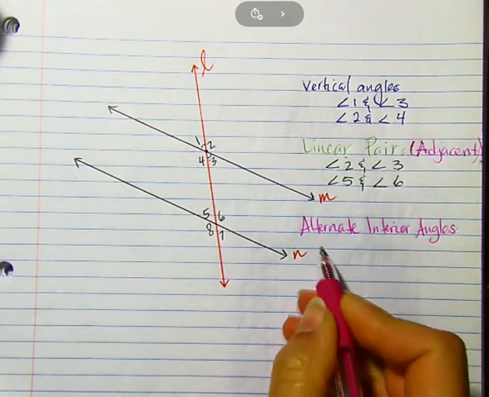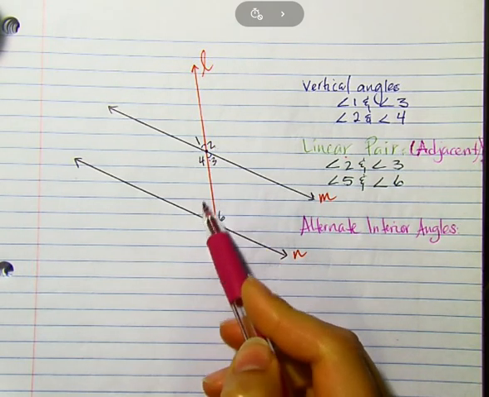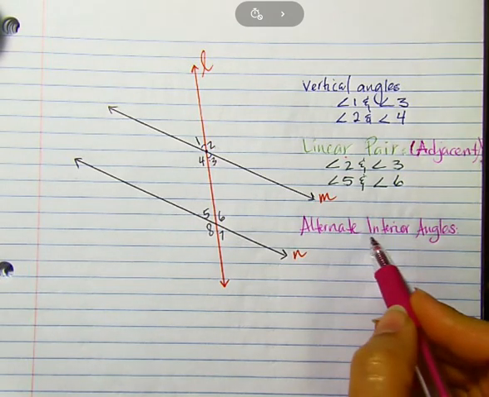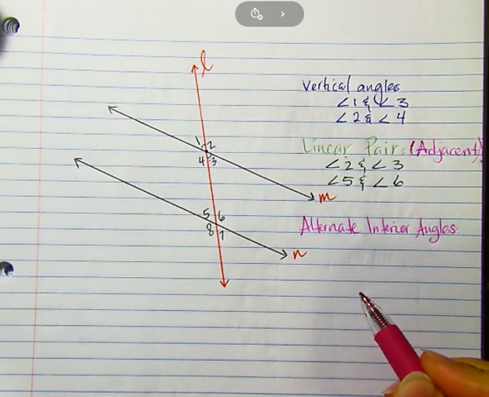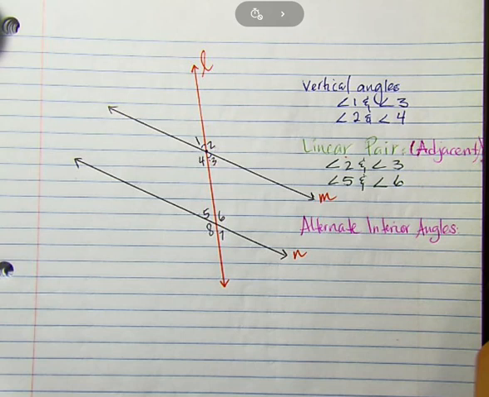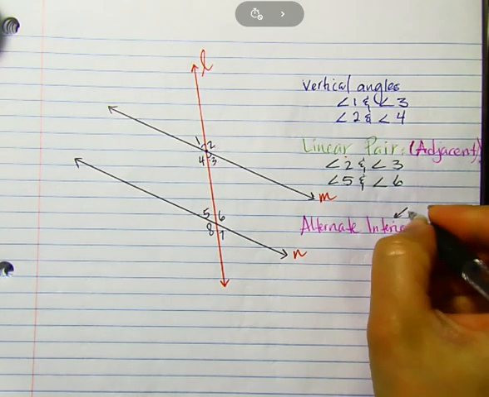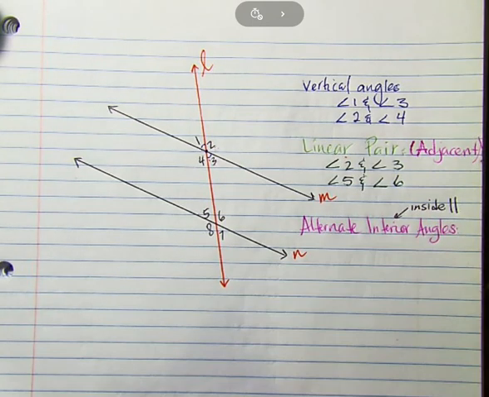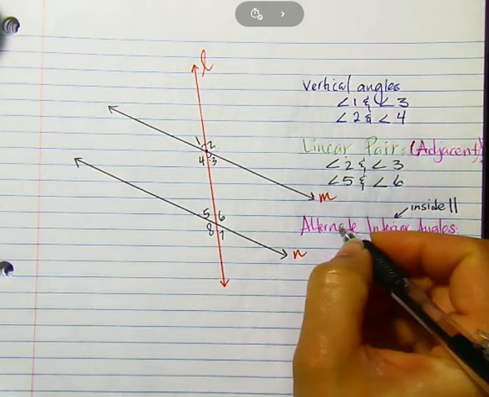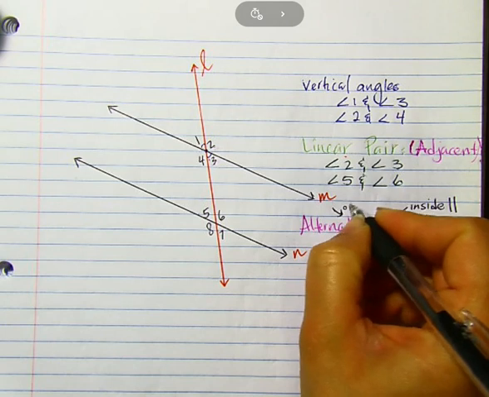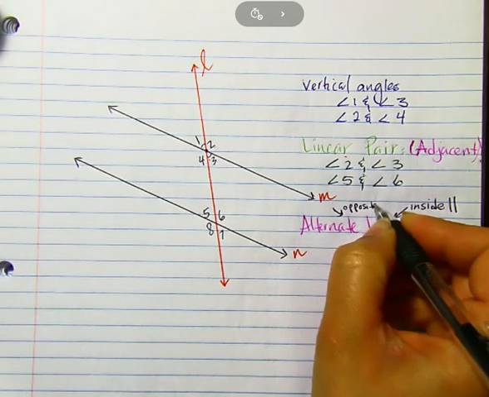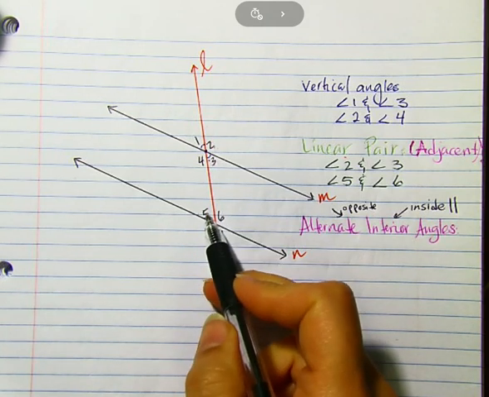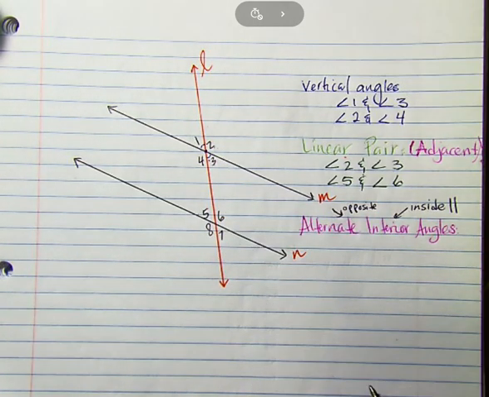Okay, meaning they're on opposite sides of the transversal, but they're on the inside of the parallel lines. So let's go ahead and write those two words. Interior means inside the parallel lines, and then alternate means opposite. So they're on opposite sides of the transversal, but on the inside of the parallel lines.